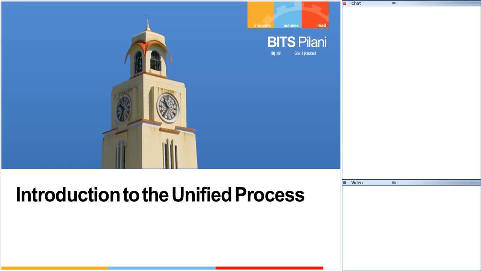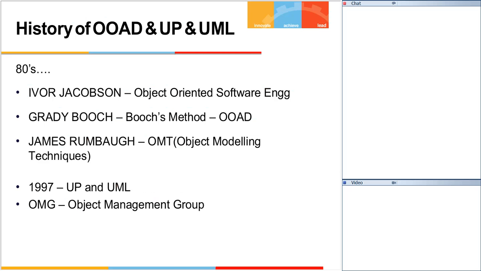You can go through those process models as a prerequisite to this course, while in this course, the major focus will be on the unified process. So let's start with the unified process.